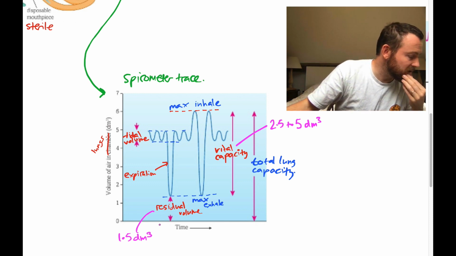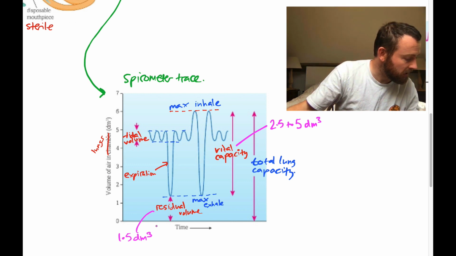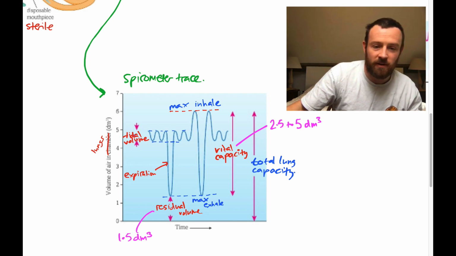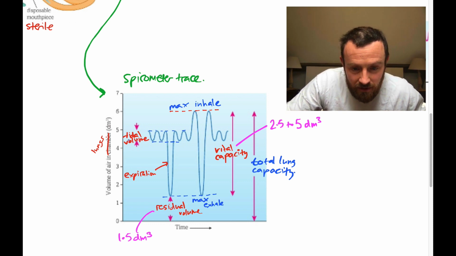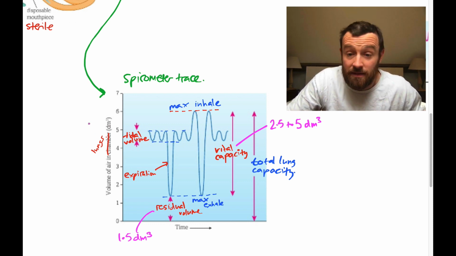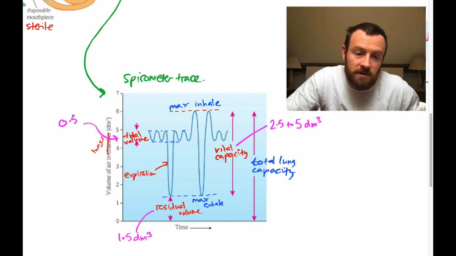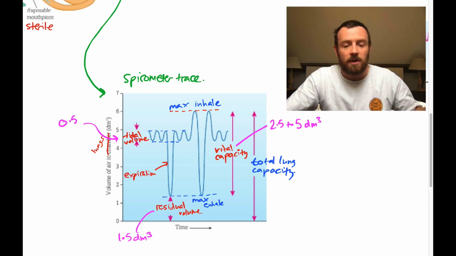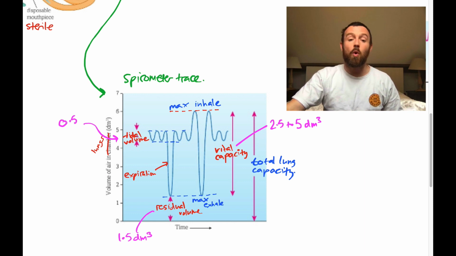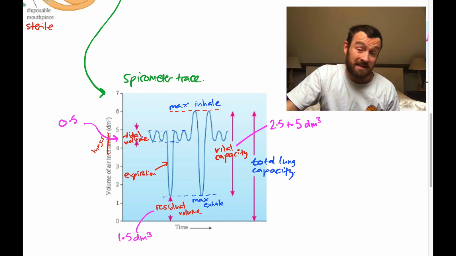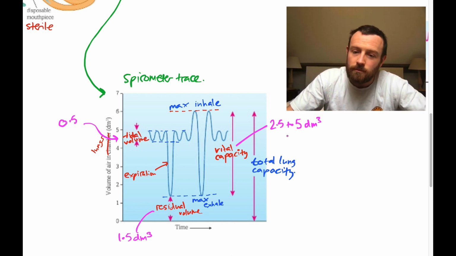And tidal volume is typically at rest 0.5 dm cubed. Yeah, I mean you can actually get these from the scale here, but at rest typically about 0.5 dm cubed. And it depends what you're doing. Your tidal volume when you're walking versus when you're sitting is going to be different, for example.